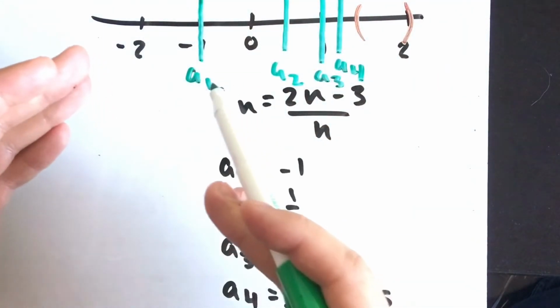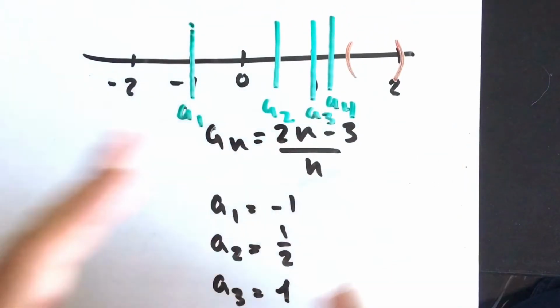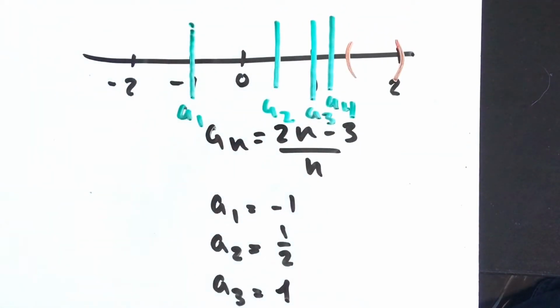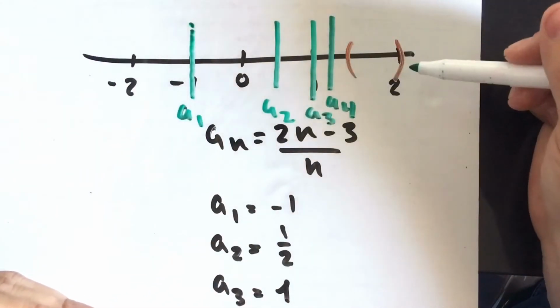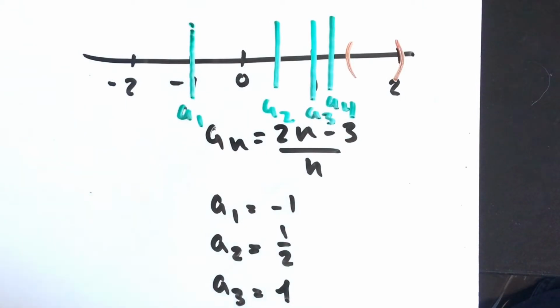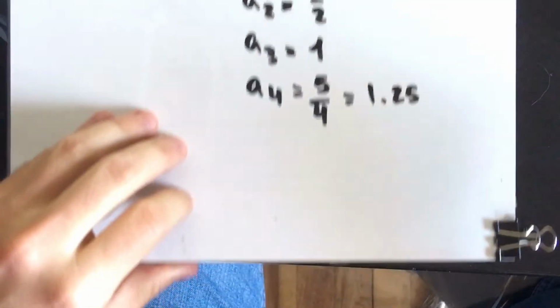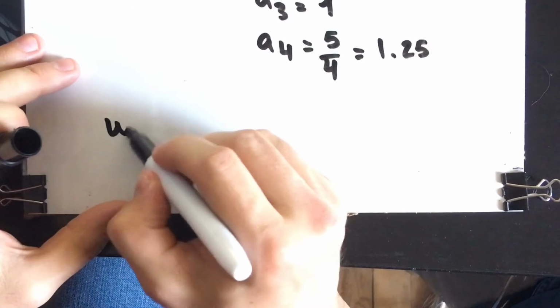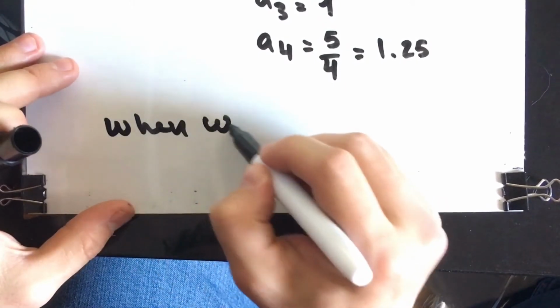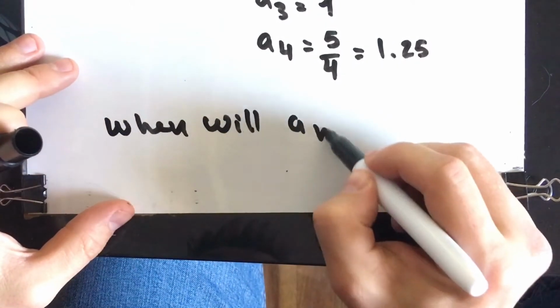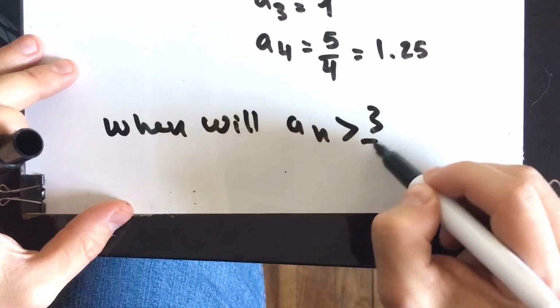And notice that our sequence is increasing. It's moving from left to right. What we want to know is which value of n will cause us to move inside of this interval A. And another way to put that is, when will a sub n be strictly greater than 3/2?